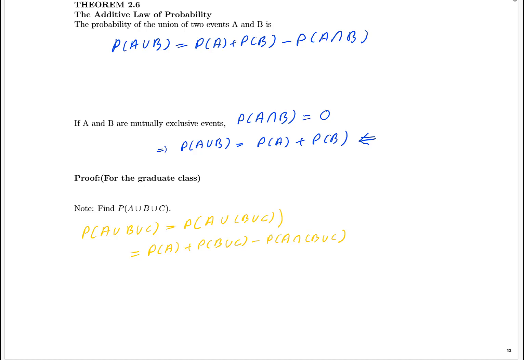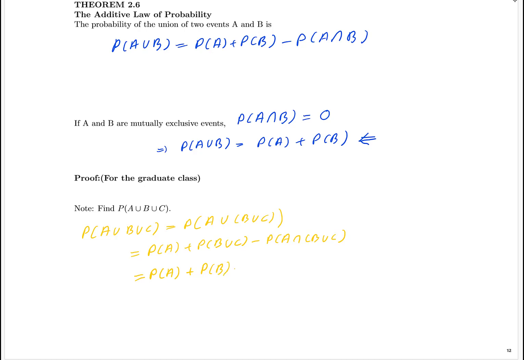Now you see here, probability of A, I leave it, but for probability of B union C, again we can apply the additive law of probability. So let me apply that law.